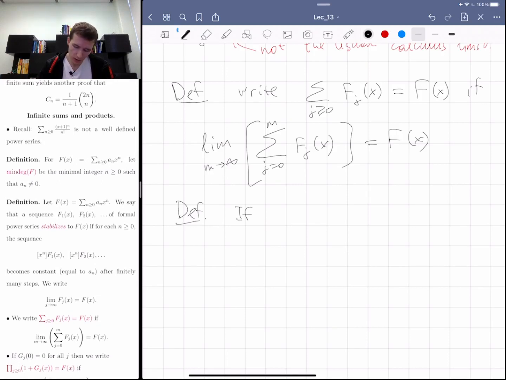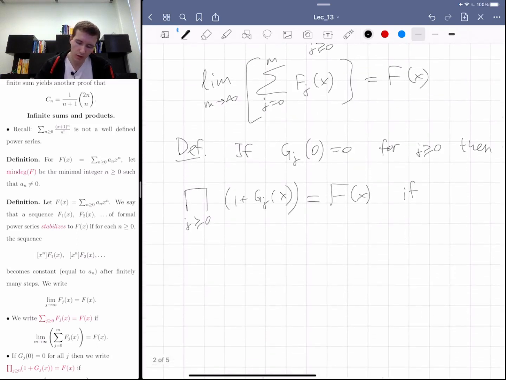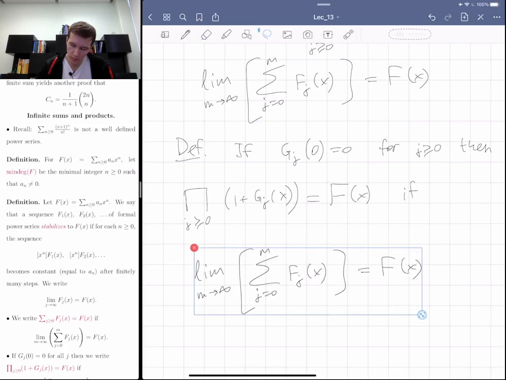So if I have power series g sub j, each without constant term, for all j greater than or equal to 0, then we write an infinite product over j greater than or equal to 0 of 1 plus g sub j of x. This infinite product is equal to f of x if, again, the same limit, except that I have to put a product instead of a sum.